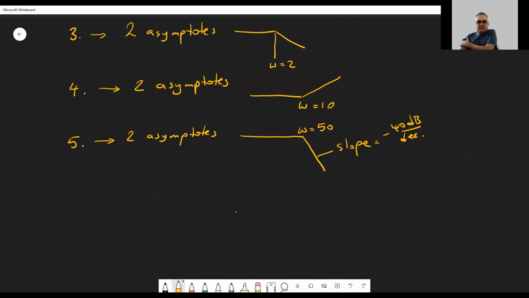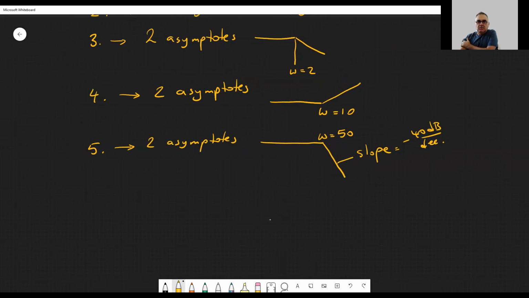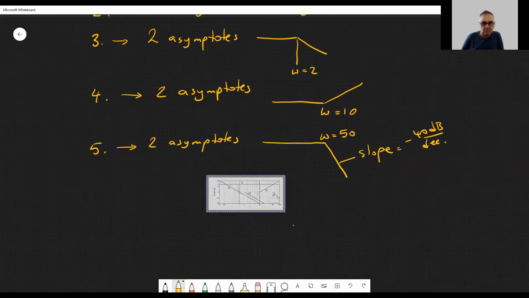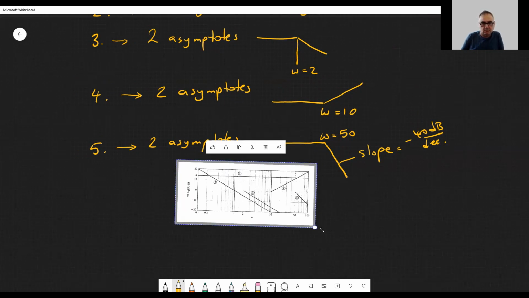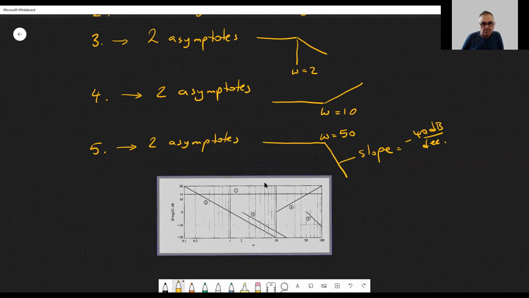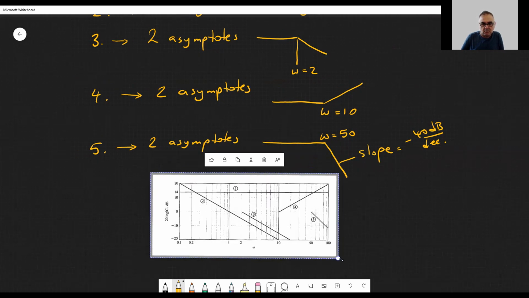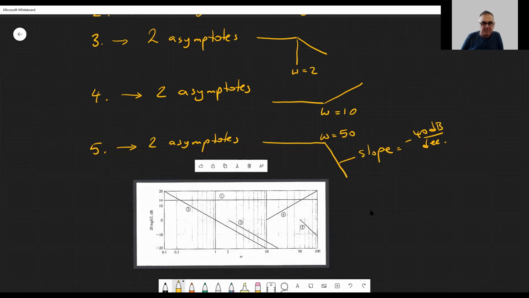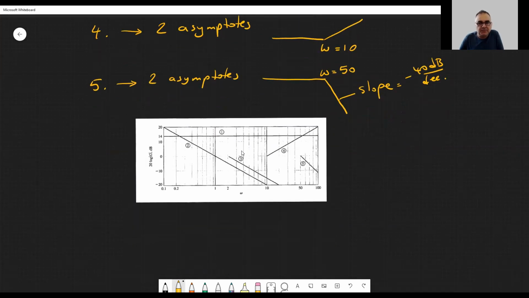I'm going to paste now what we have. So this is the picture of each of the individual terms, as you see.